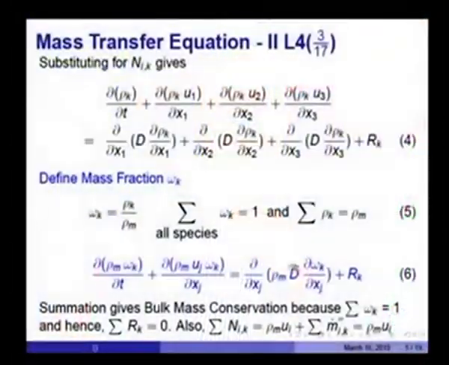The net result is that summation of all diffusive quantities would be 0, and therefore, sigma n I k would be sigma rho m u I plus sigma m double prime I k, but that quantity is 0, and therefore, the sum of the mass fluxes in direction I is simply the bulk mass flux rho m u I. We shall refer to this equation much later in the course.